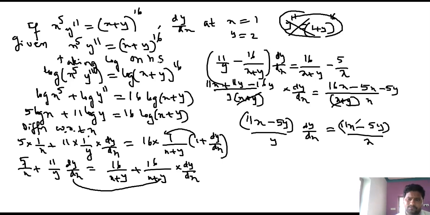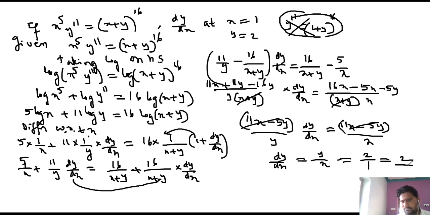Okay, this 11x minus 5y on the LHS becomes the denominator, and y becomes the numerator, so this gets cancelled. So now what is dy by dx? The y becomes the numerator, y by x. So here given that the y value is 2 and the x value is 1, so it is 2 by 1, which is 2. This is dy by dx.